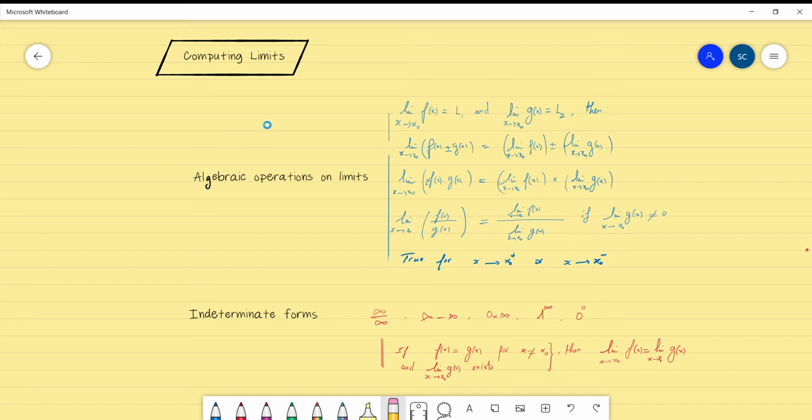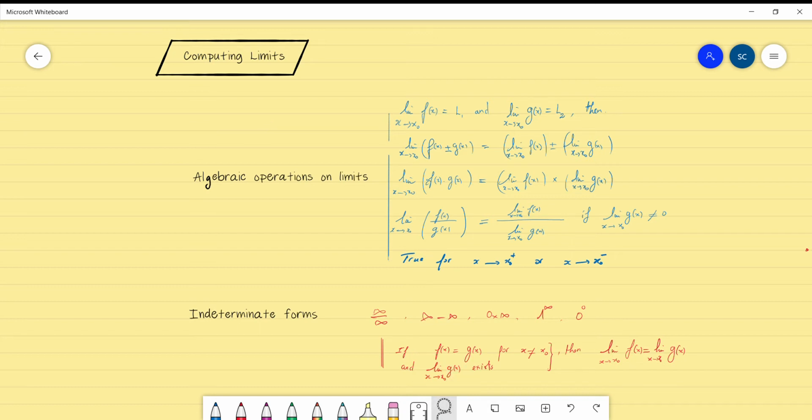So if the new function is composed of many functions, and if for each of those functions we know how to compute its limit easily, then we can use algebraic operations, as you can see here.